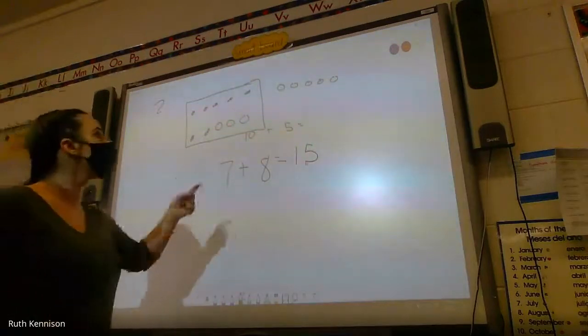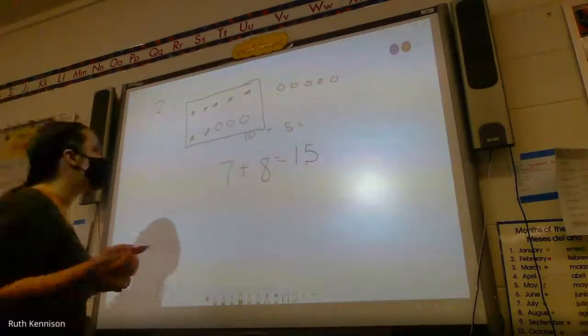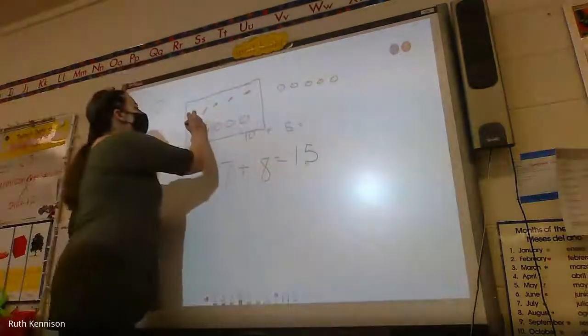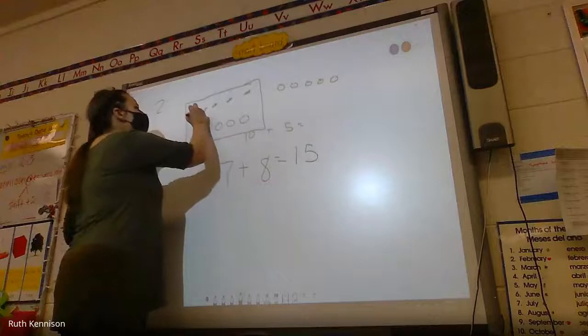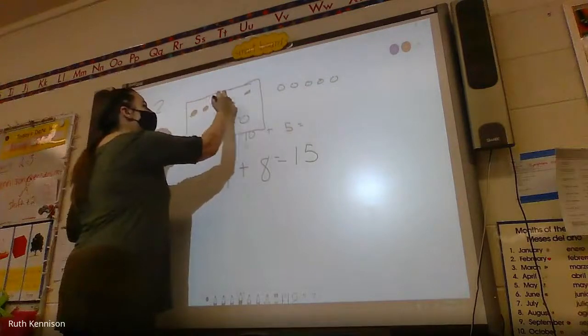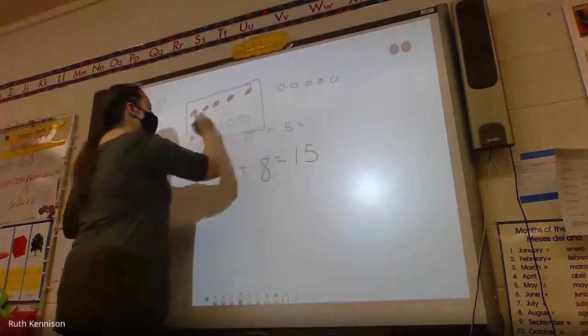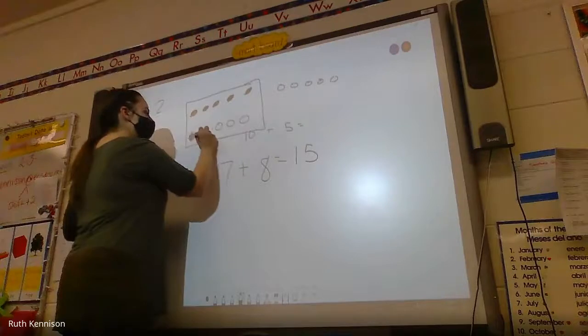You have to draw the 10 frame, and this is where I want you to look. Miranda, look. I have 7 bubbles filled in. 1, 2, 3, 4, 5, 6, 7.